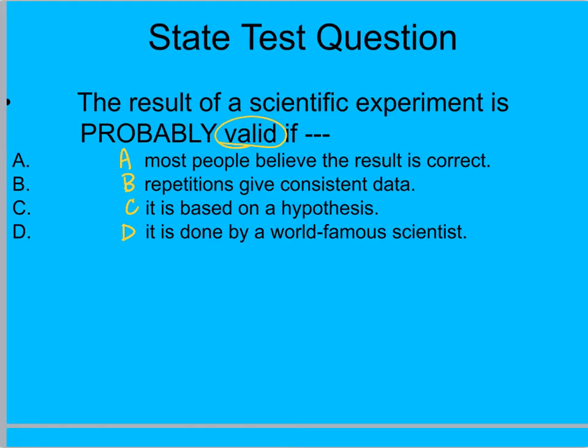So that's definitely not going to make it valid. If repetitions give consistent data, yes, repetitions giving the same data over and over will make an experiment valid. If it is based on a hypothesis, that doesn't mean it's valid, because I can make any hypothesis. That doesn't make it valid.